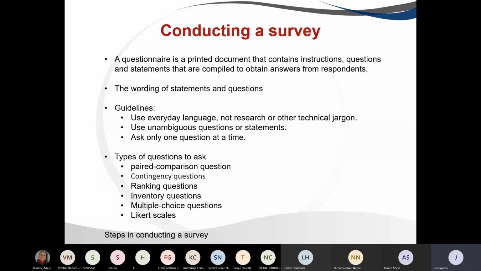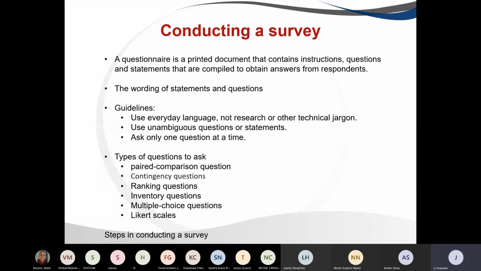Then we've got, of course, multiple choice questions, where you tick the one that applies. So, inventory questions, you tick all that apply, and multiple choice, you tick the one that applies. And then we've got the Likert scale, which is a type of ranking scale.